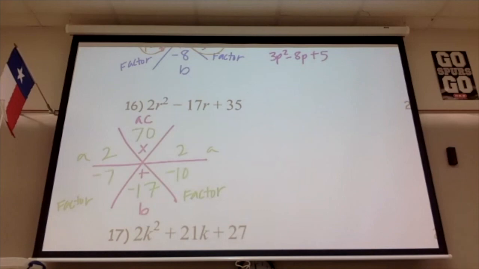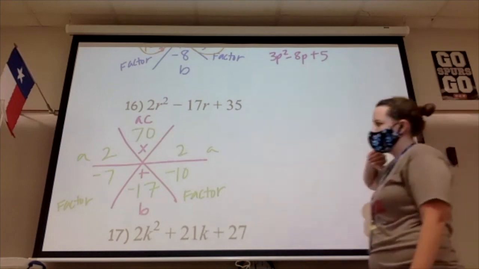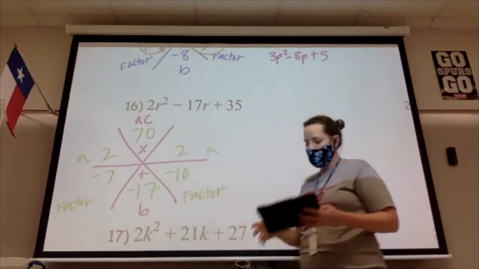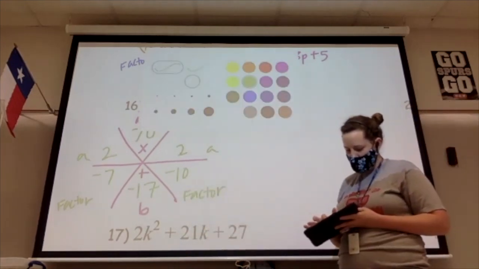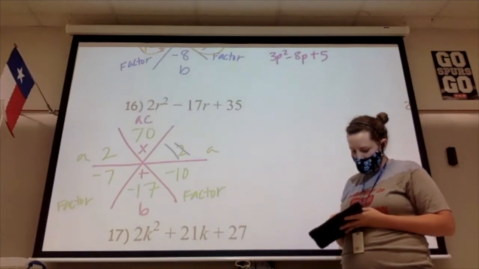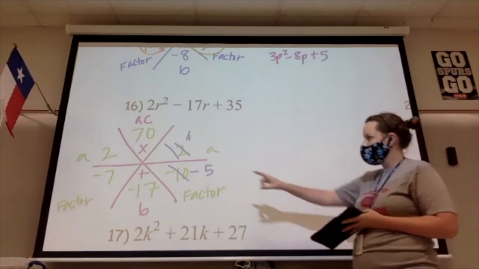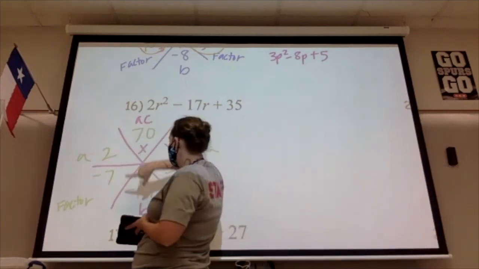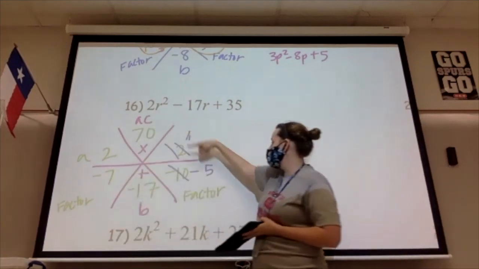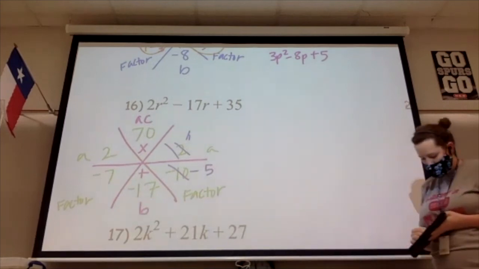Does the 2 and the 7 reduce? No. Does the 2 and the negative 10 reduce? What is that? 1 and negative 5. So this is going to be 2r minus 7, and this is going to be 1r minus 5.